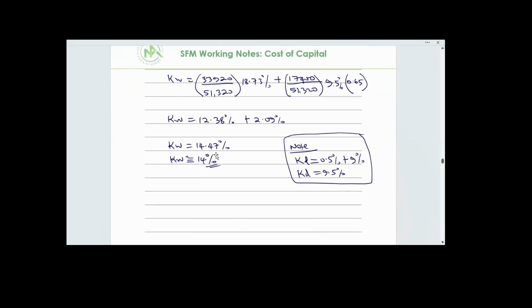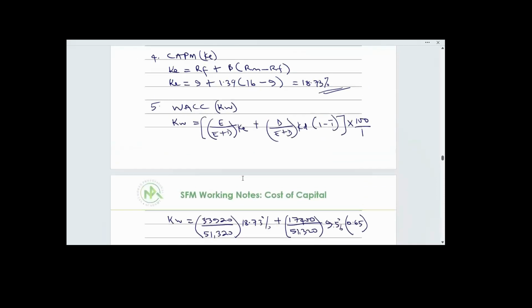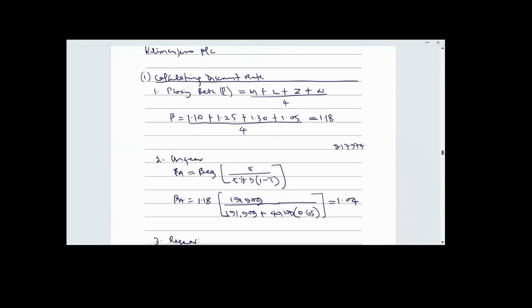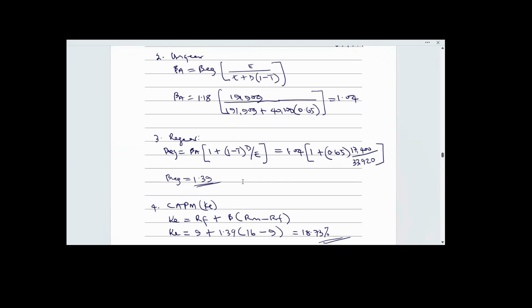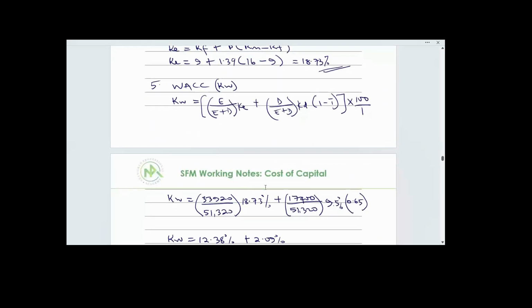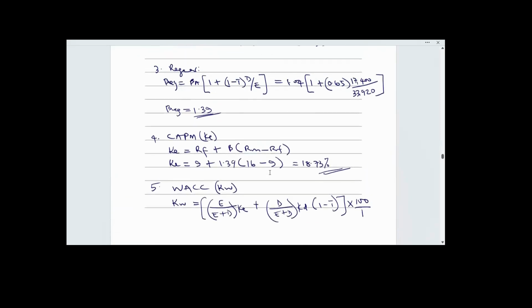All right. So that's for requirement number 1. Let me know if you have any question for me in this requirement number 1. If not, we move to requirement number 2. Yes, I have a question. Talk to me. How did we get 18.73 as cost of equity?